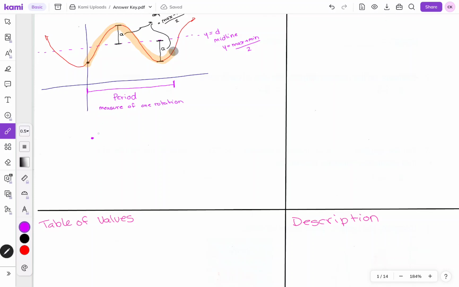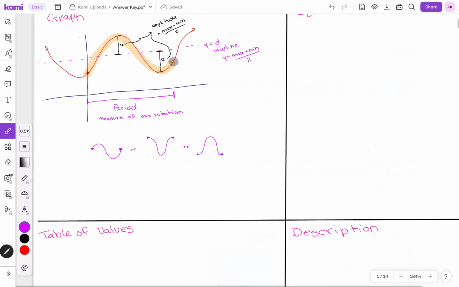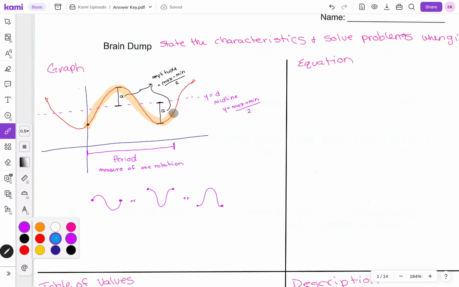We can look from a point, like I did: when do I get back to that same point? Or if it's easy, you can go from max to max, or from min to min. These are all different ways that you can measure the period. And remember, our min value is just whatever this value is in the y, and our max is just this value here. So that's what we can get by looking at our graph.